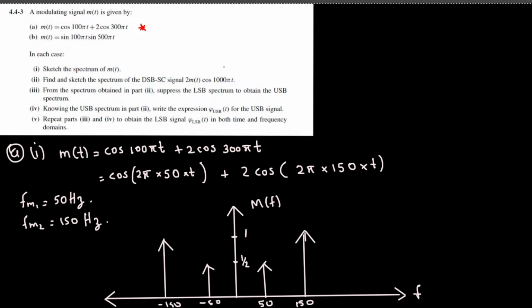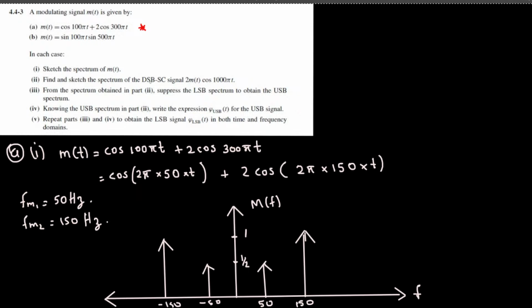Part 2 is asking to find and sketch the spectrum of the DSB-SC signal 2m of t cos 1000 pi t. Let's say this signal is sent through this, then what's going to happen?